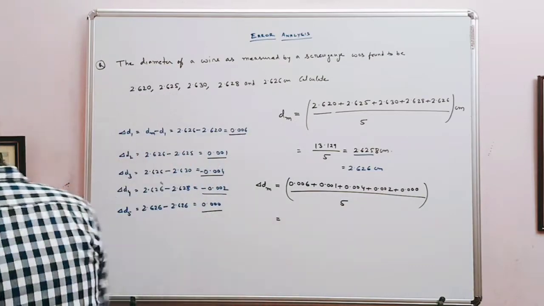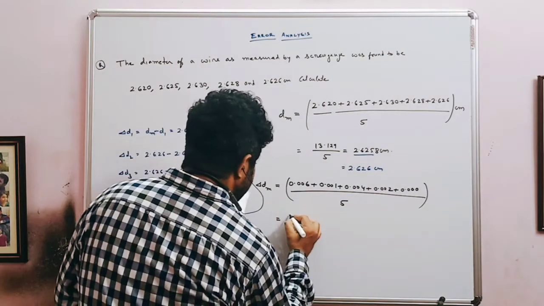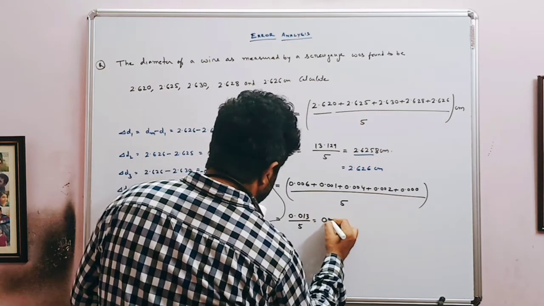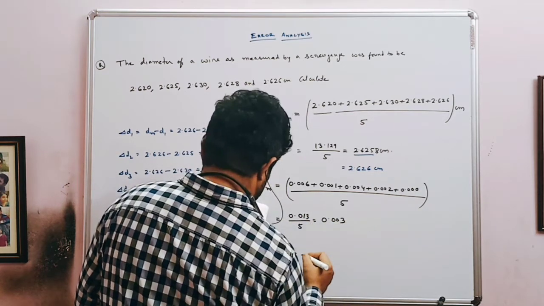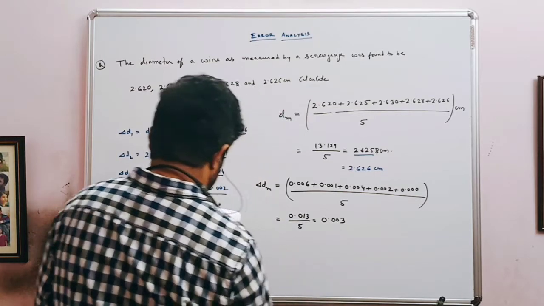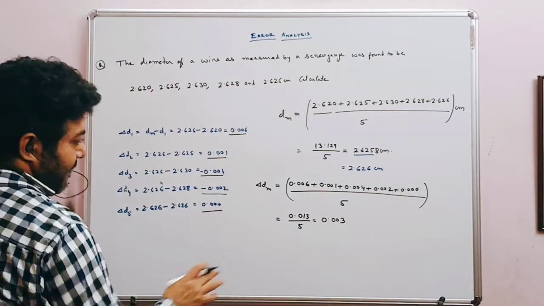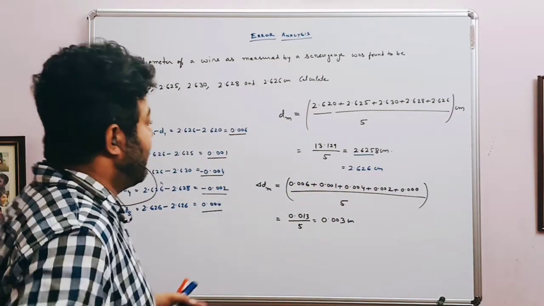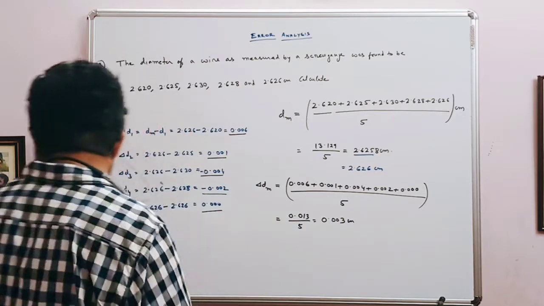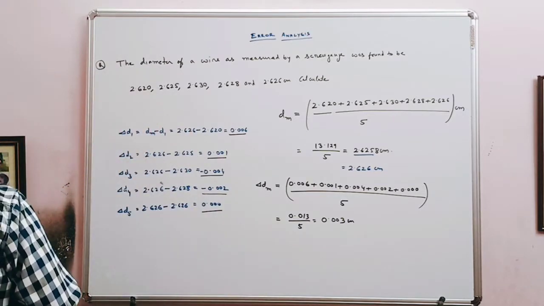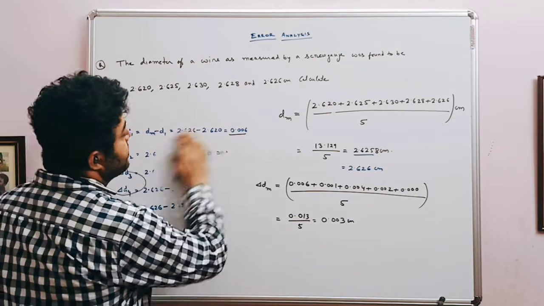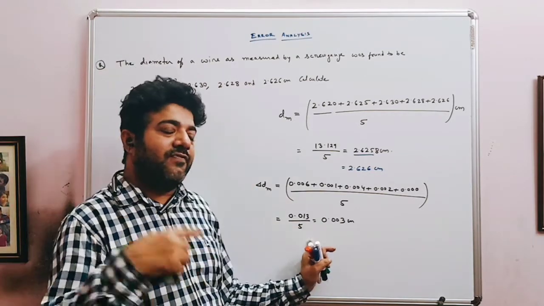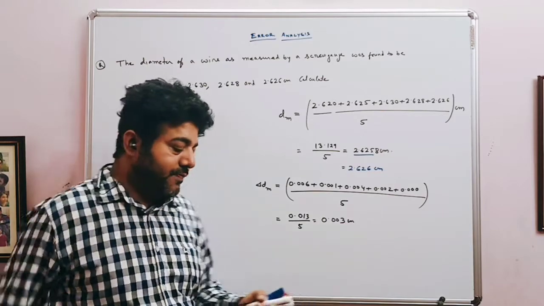That is equal to 0.013 by 5, which is 0.003 approximately after rounding off. So the mean absolute error is 0.003.